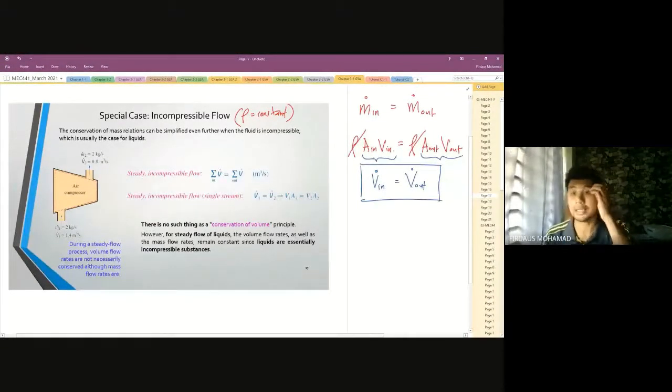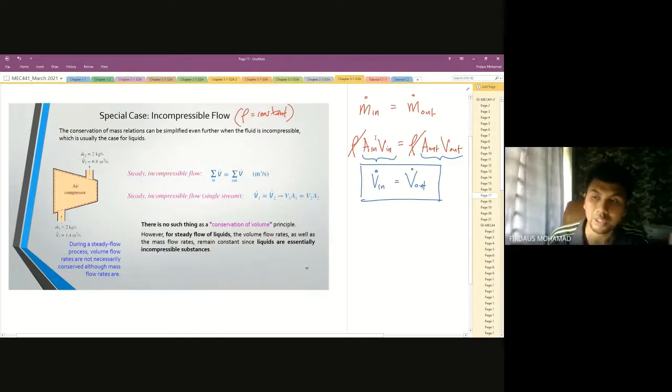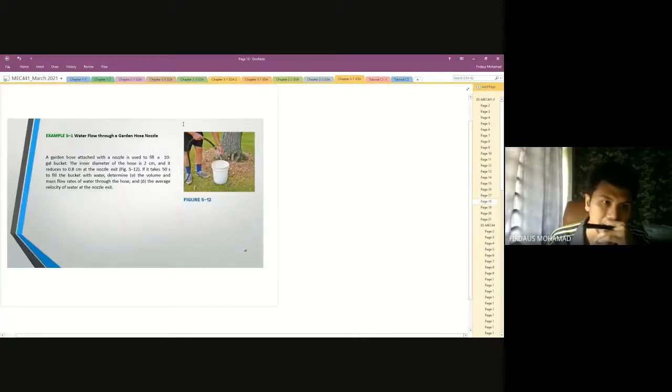Why? Because A times V equals V dot. This is the core of conservation of mass that you must understand: the mass flow rate at the inlet and at the outlet.